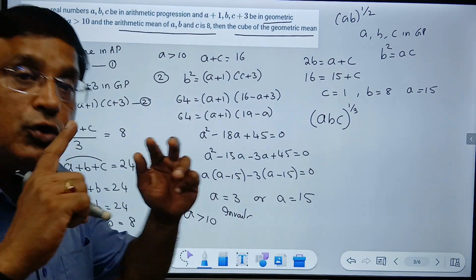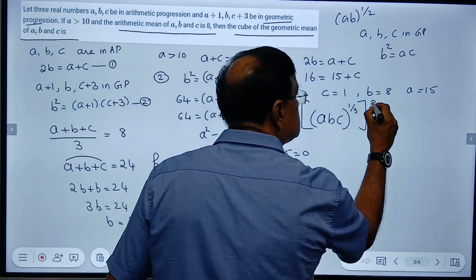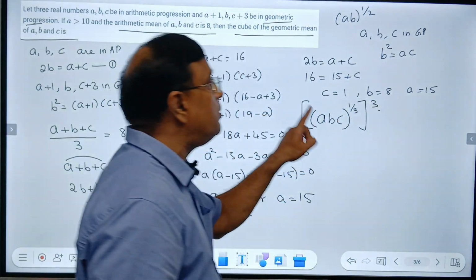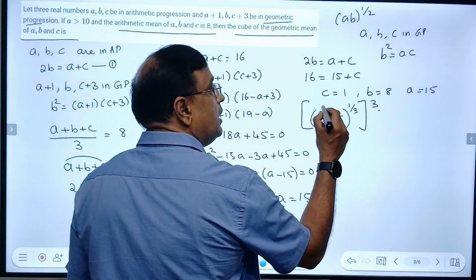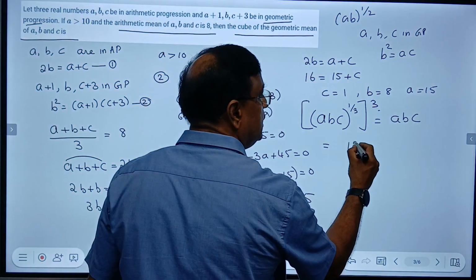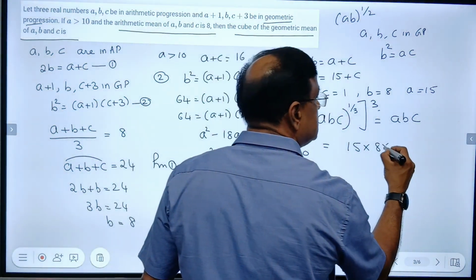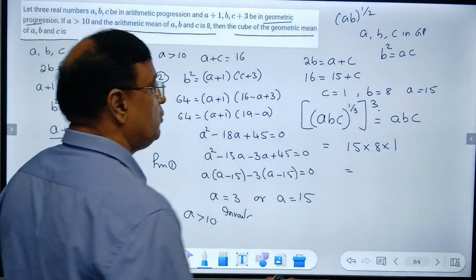He is asking you to find the cube of the geometric mean of 3 numbers. So, I have to cube this. This is basically ABC. A is 15, B is 8 and C is 1. When you multiply this, I think you get 120.